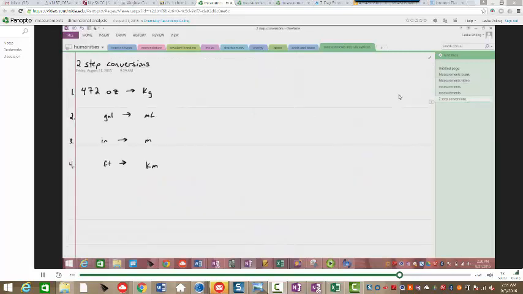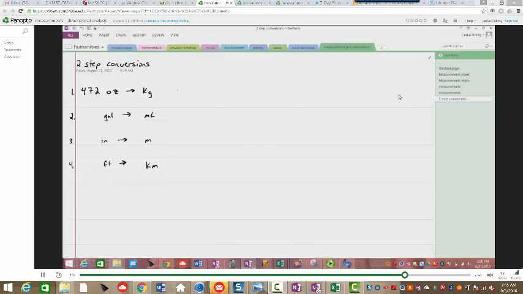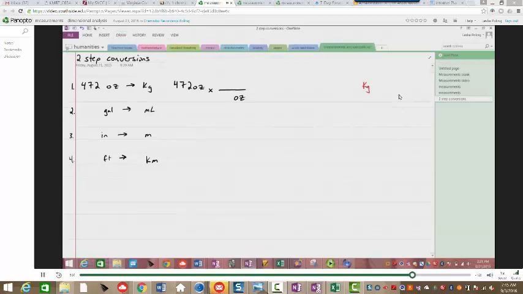Okay, so let's do another example. We'll do this top one. So we have 472 ounces. So ounces are going to have to go on the bottom. We're looking for kilograms. So kilograms would go on the top.